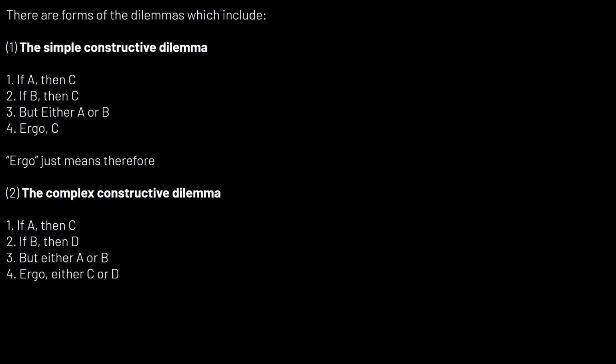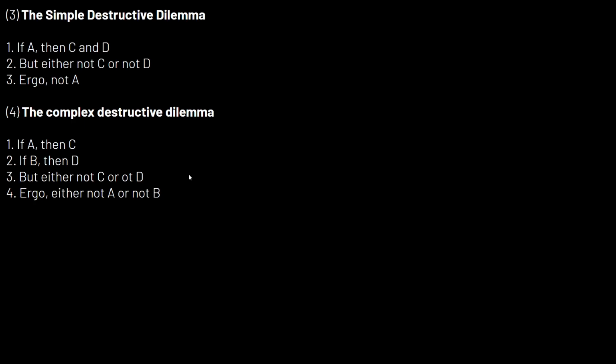And the second form is the complex constructive dilemma. If A is true, then C is true. If B is true, then D is true. But either A or B is true. Therefore, either C or D is true. And then the simple destructive dilemma goes like this: if A is true, then C and D are true.